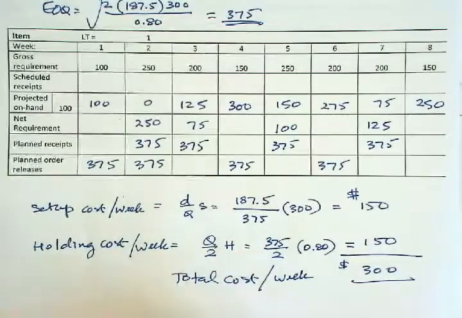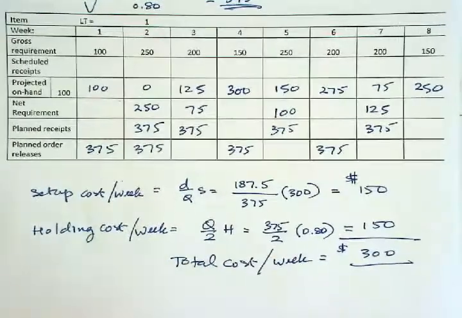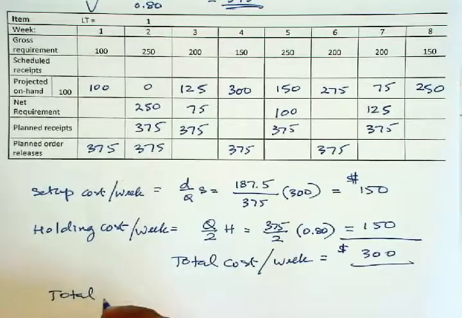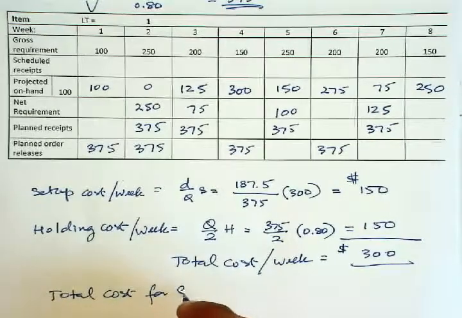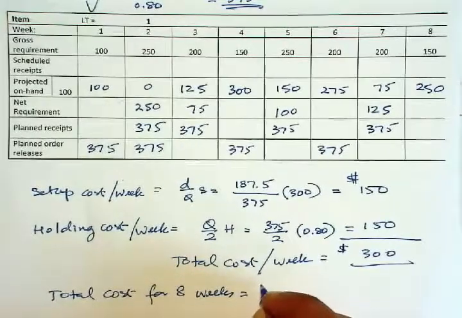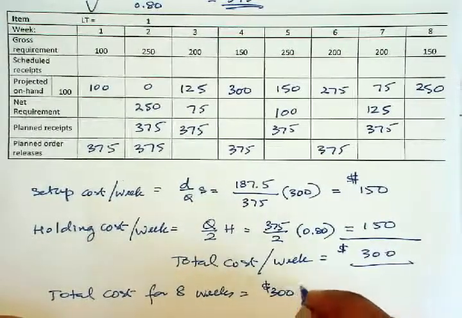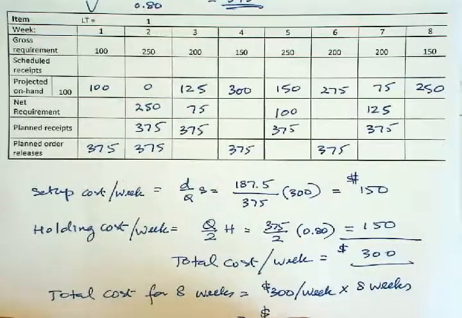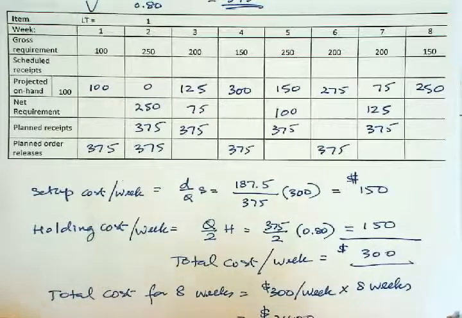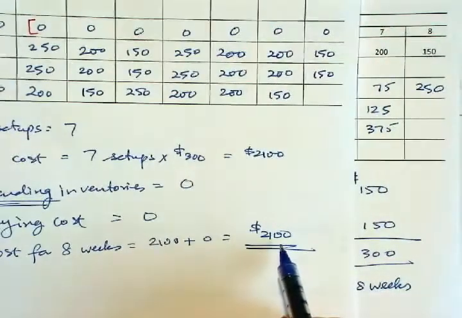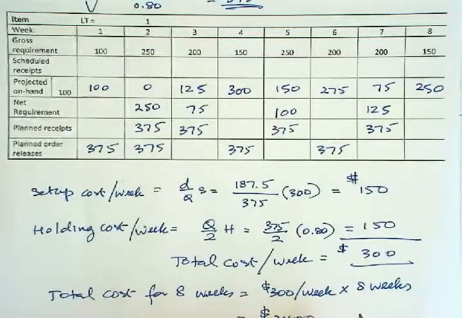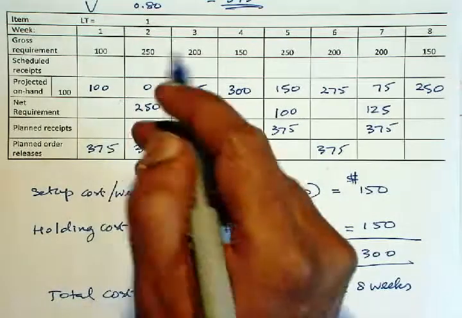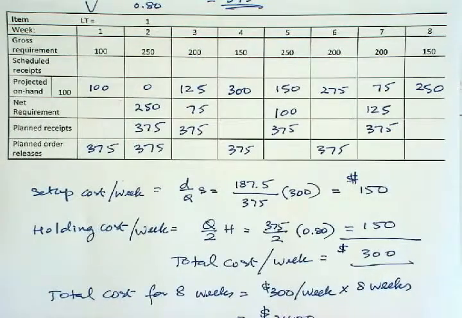But what we want is total cost for 8 weeks. So you take $300, which is per week, times 8 weeks, will give you $2,400. Okay, you see that the lot for lot has a cost of $2,100, and by forcing an independent demand EOQ formula on dependent demand inventory, we end up having more cost than the lot for lot.